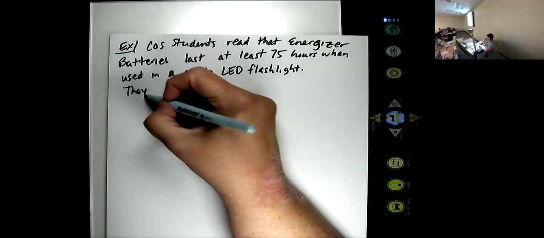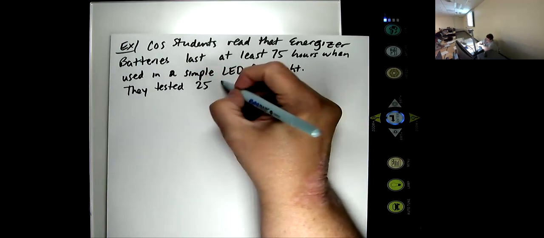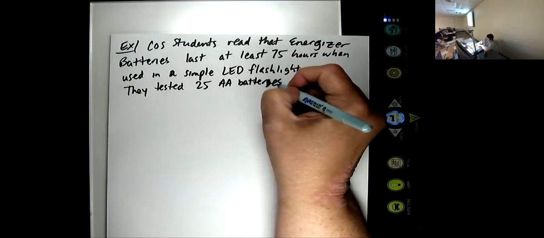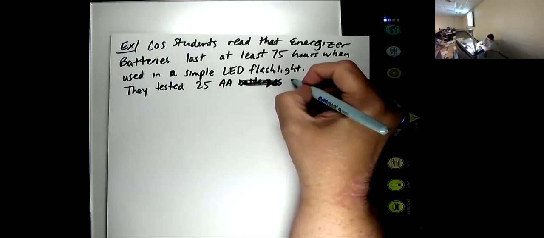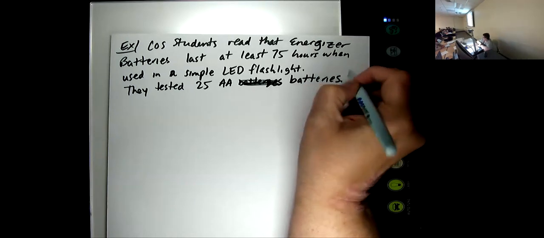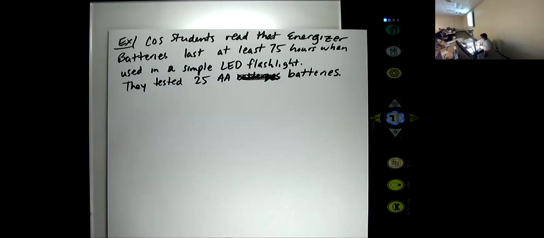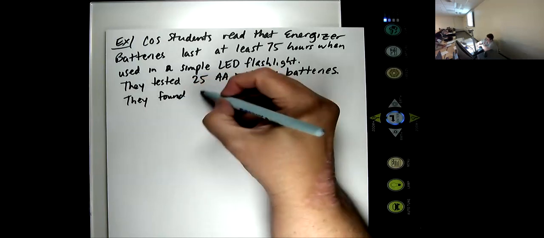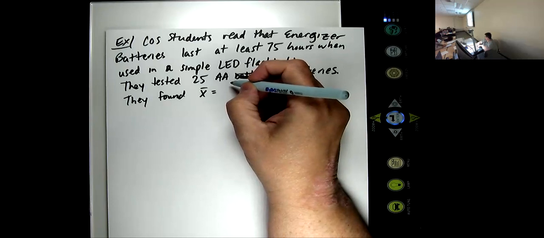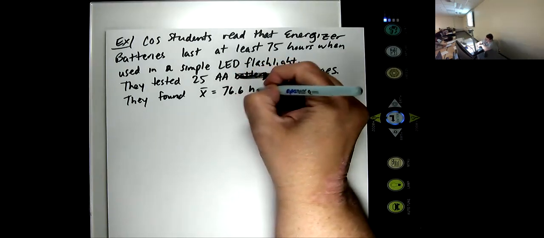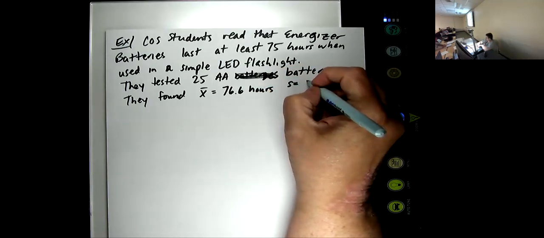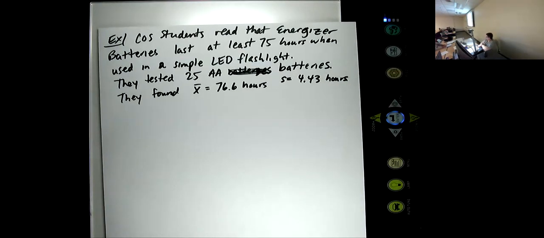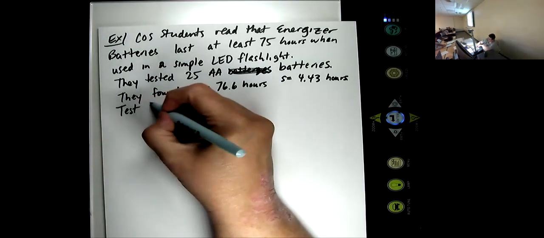They tested 25 AA batteries. I'm assuming Energizer. They found X bar was 76.6 hours with a standard deviation of 4.43 hours. Test Energizer's claim at alpha equals 0.05.